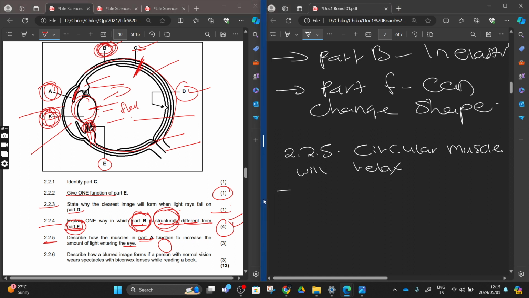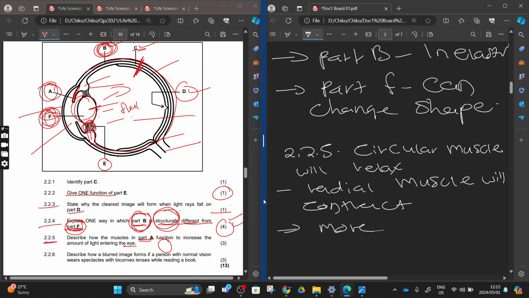And then the radial muscles will contract. I agree, we want it to open. Then the last part: more light will pass.